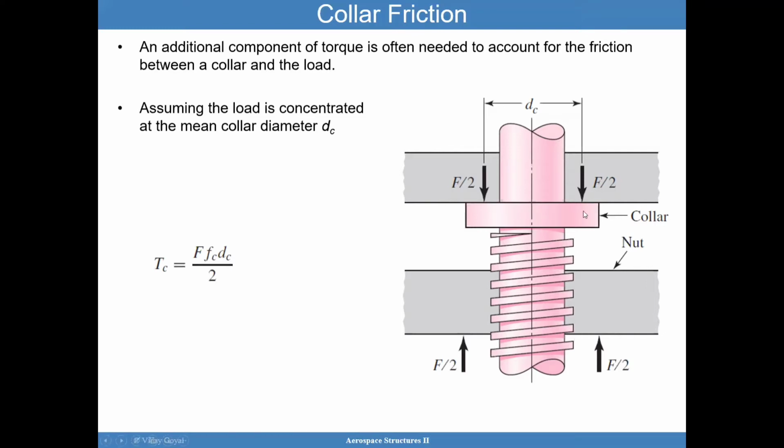Assuming the load is concentrated at the mean collar diameter, which we call dc, the torque component due to this friction is the force, times the frictional coefficient between the collar and the load, times dc, the mean collar diameter, divided by 2.